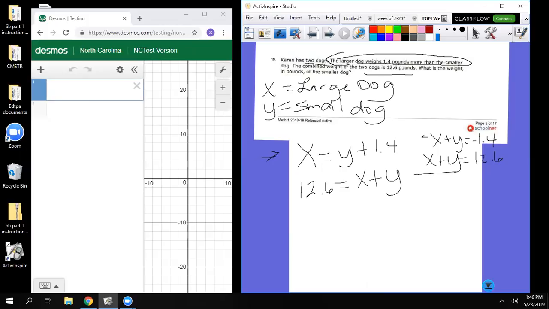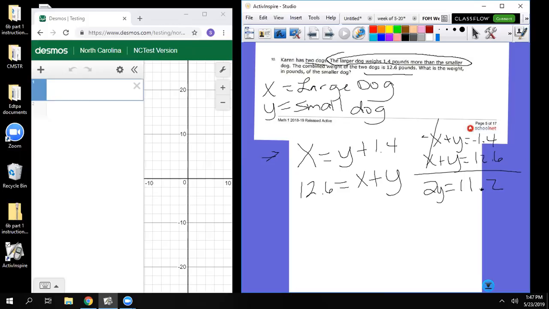Okay, so with elimination, I now have a negative and a positive version of one variable, so I'm going to get rid of it, okay, and I'm going to add up my y's. So 2y is going to be equal to the sum of negative 1.4 plus 12.6. Well, I know that that's going to be really 12.6 minus 1.4, so I have 0.2 and I have 11.2, okay?